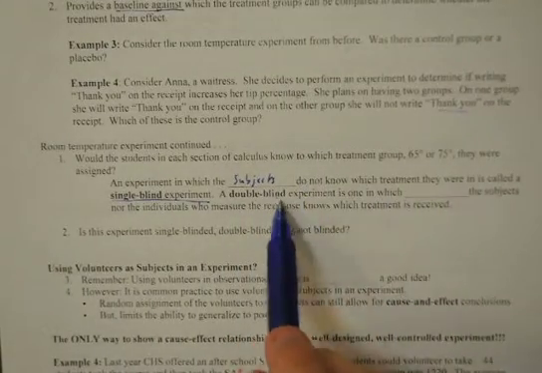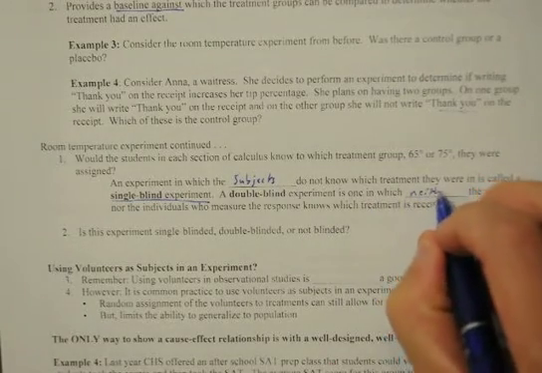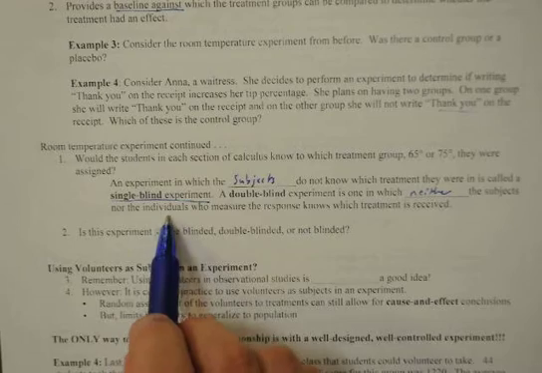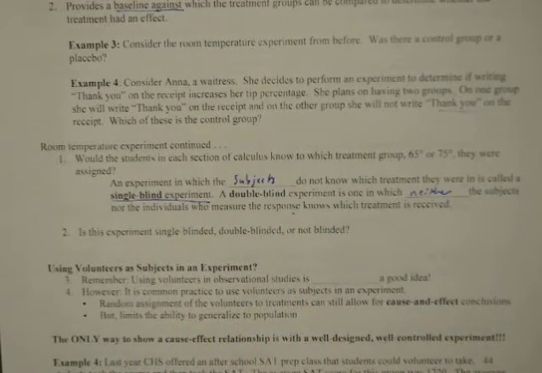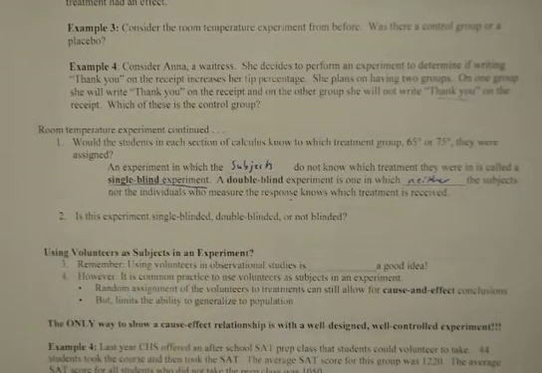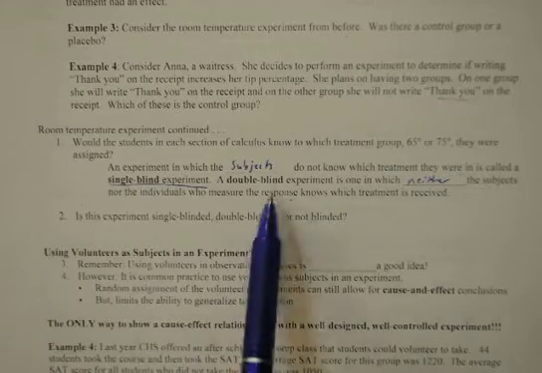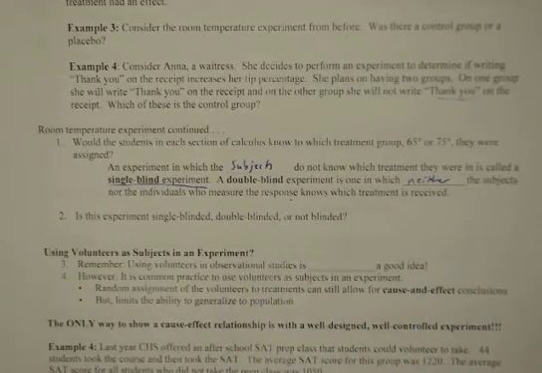A double-blinded experiment is one in which neither the subjects nor the individuals who measure the response know which treatment is received. So single means just the subjects, whereas double means neither subjects nor the observers.